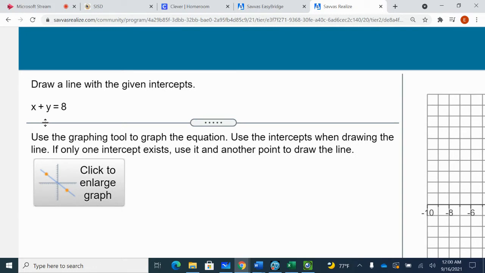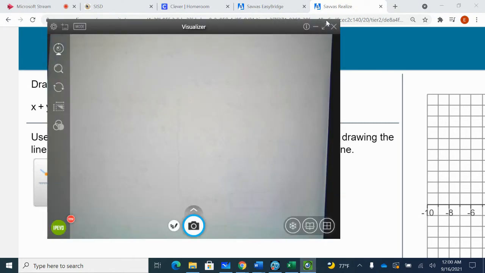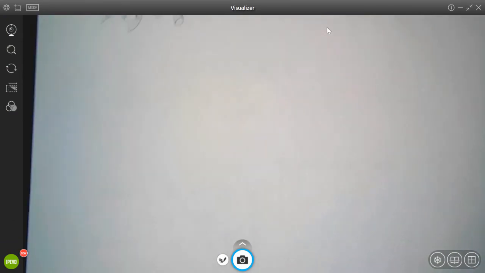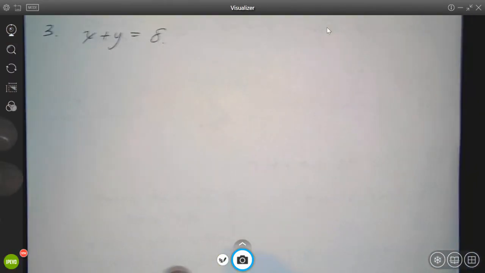So, looking at the equation, I'm given x plus y equals 8. All right. So, x plus y is equal to 8. Now, remember, how do we graph a standard form? Well, the nice thing about it is that we can graph this by using our intercepts. Well, how do we find the intercepts?